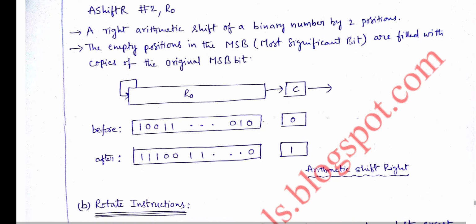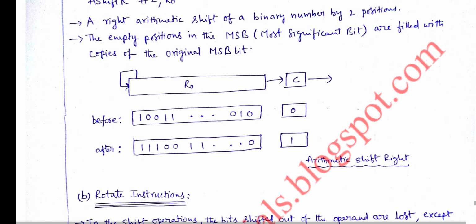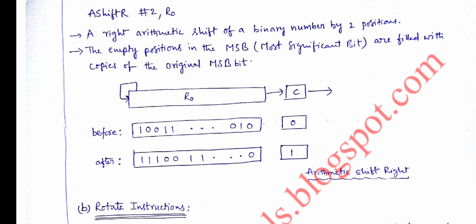Arithmetic shift right: AShiftR #2, R0. A right arithmetic shift of a binary number by two positions. The empty positions in the most significant bits are filled with copies of the original MSB, most significant bit.